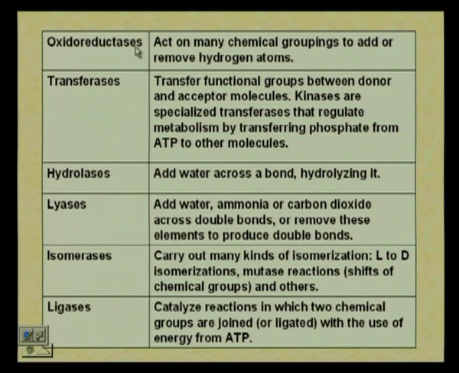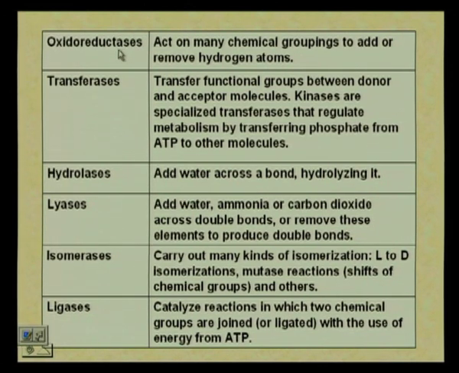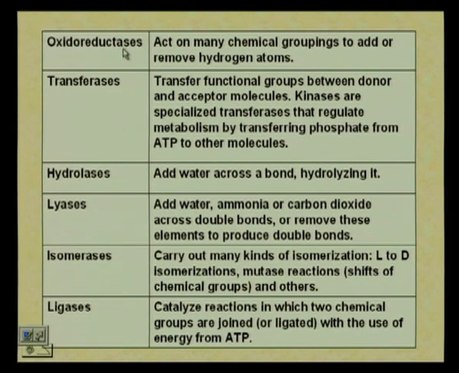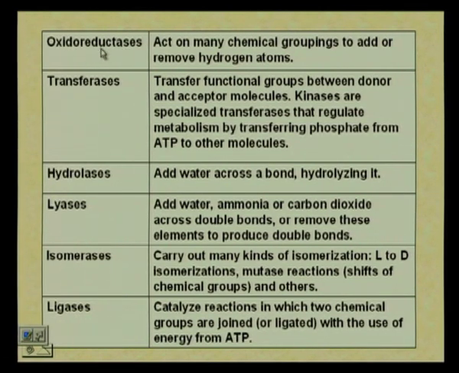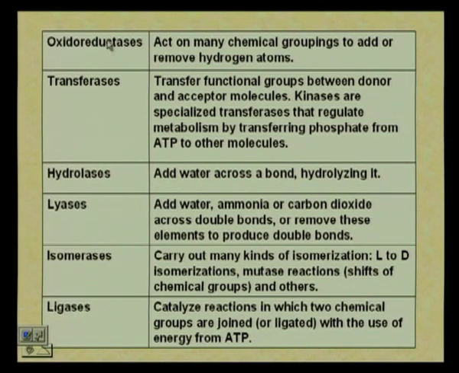Now, all these enzymes, if you look at the names at the end, are suffixed by "ase". So, an oxidoreductase, from the name itself, suggests that it would catalyze a redox type of reaction.